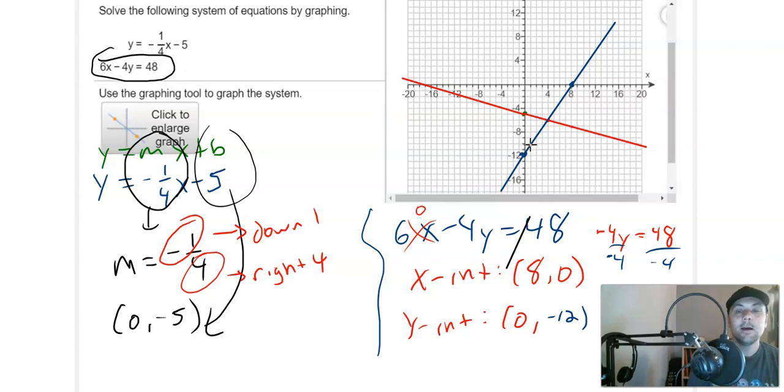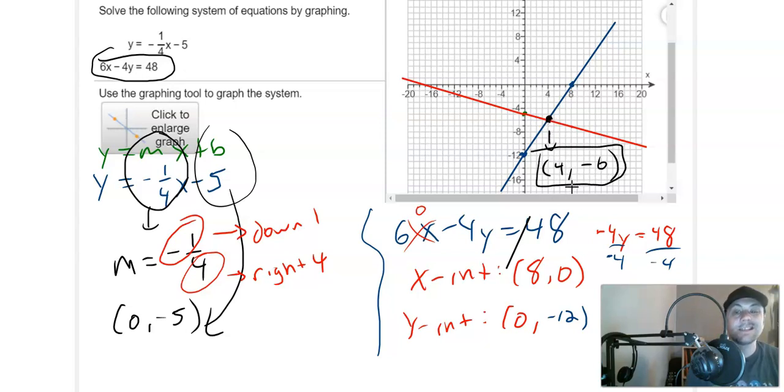So where do they cross? They cross at this point right here. I'm still using the line drawing tool. We want the ordered pair for that point. It's at 4, that's the x coordinate, so make sure you put x first. 4 comma negative 6.